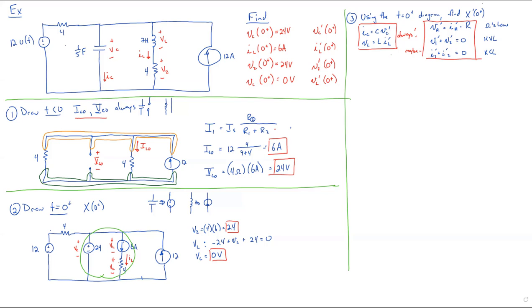So to find VC prime, we're going to use this first equation. That's where VC prime exists, and it's a function of IC, which is not prime, so it's easy to figure out. VC prime is equal to 1 over C times IC. And although we didn't figure out IC already up here, we can look down into our circuit at t equals 0 plus and figure it out.